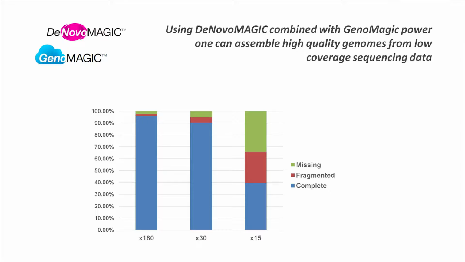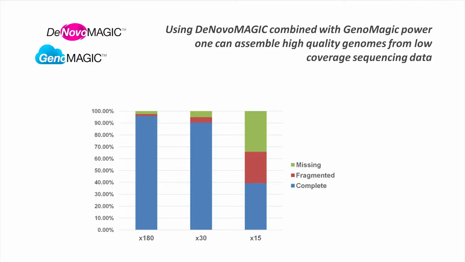If you're doing 180x, you of course cover... this is a comparison based on a collection of very conserved genes that were published in a publication called BUSCO. It's a very conserved set of genes throughout the plantae, more than 1,000 genes, and you can see that the blue part represents the part of the gene set that is conserved.